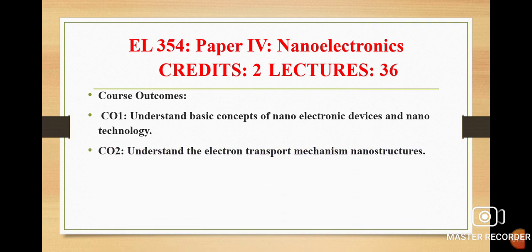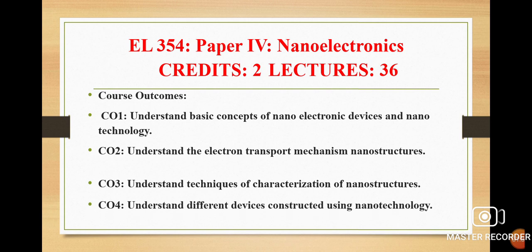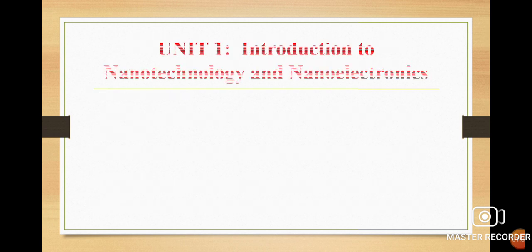You will understand the electron transport mechanism in nanostructures. You will be able to understand the techniques of characterization of nanostructures. You will understand different devices constructed using nanotechnology. So these are the course outcomes.